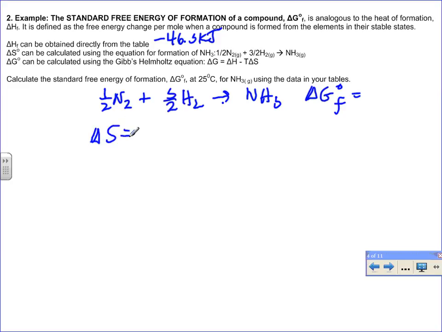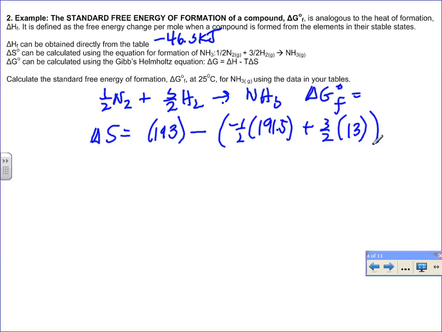Okay, so this is the main difference and the reason why we're doing this example, so you can appreciate the difference between entropies of formation and heats of formation. Okay, so the change in entropy for this system is negative 99.25.